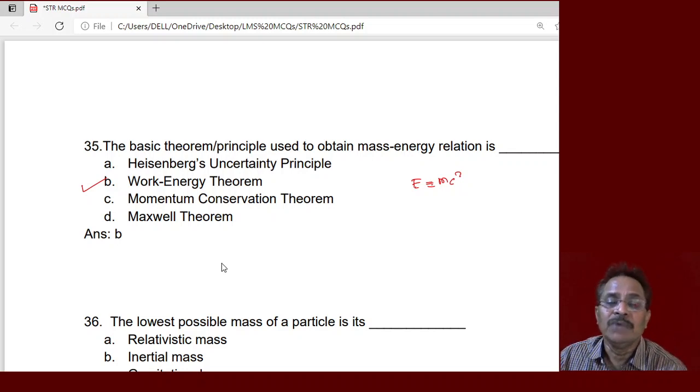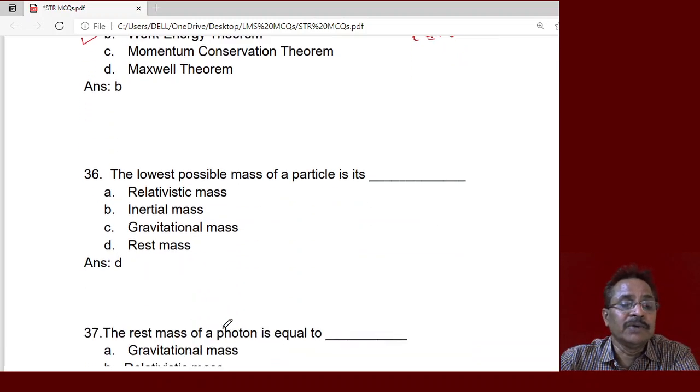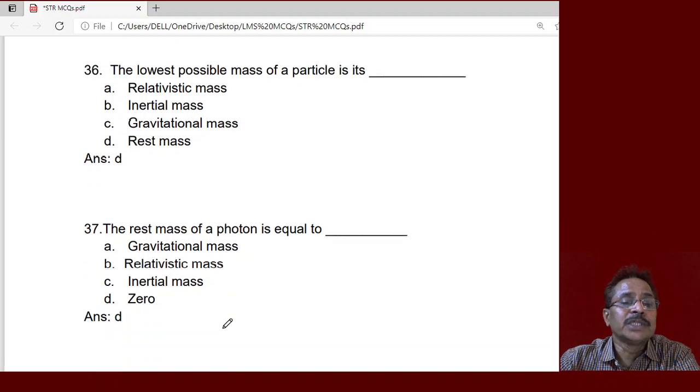That means we are changing the kinetic energy of the object, so some work is being done there, and based upon that calculation you can get the equivalence between energy and mass by the relationship E = mc². So the work energy theorem is basically used in obtaining this mass energy relationship. Now question number 36: the lowest possible mass of a particle is its.